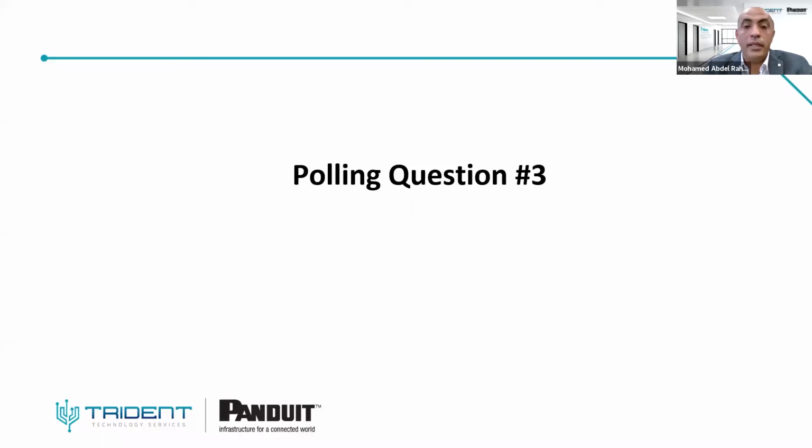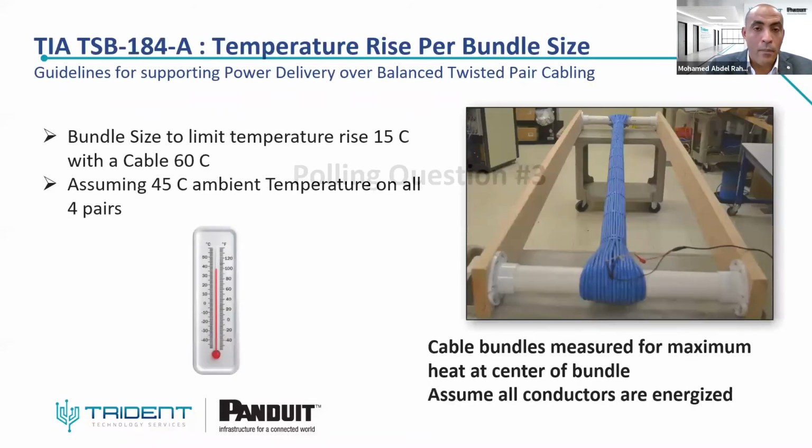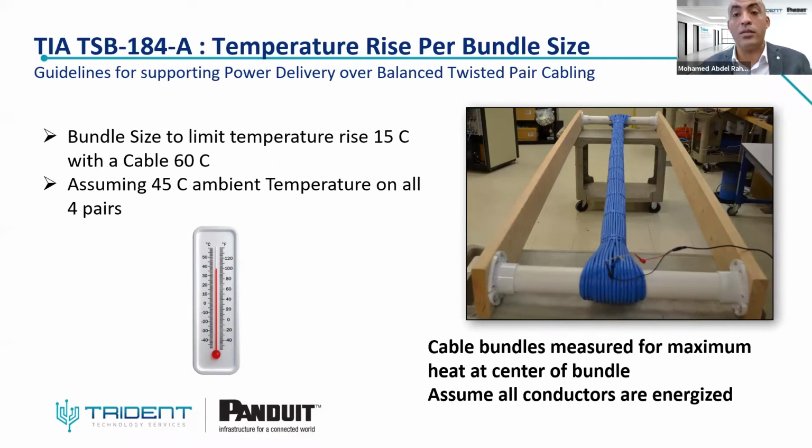Okay, these are the recommendations from the TIA when you are talking about the POE++ or the higher power. Let's see it in the next slide. As we said, the bundling is the only main concern for the POE++ or the type 4 POE, where the main impact will happen.